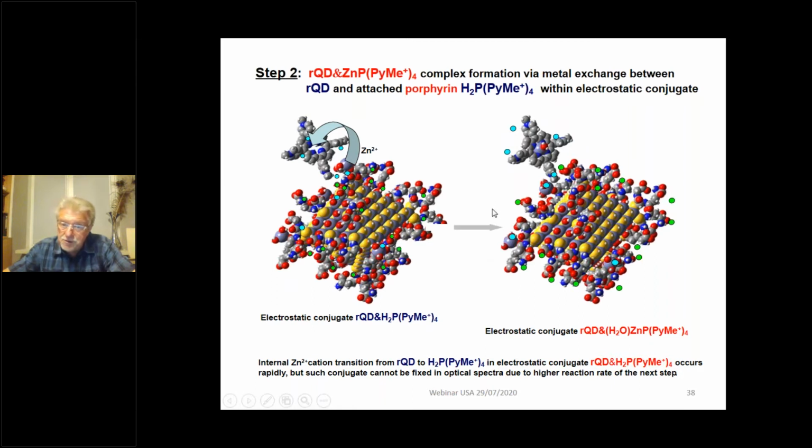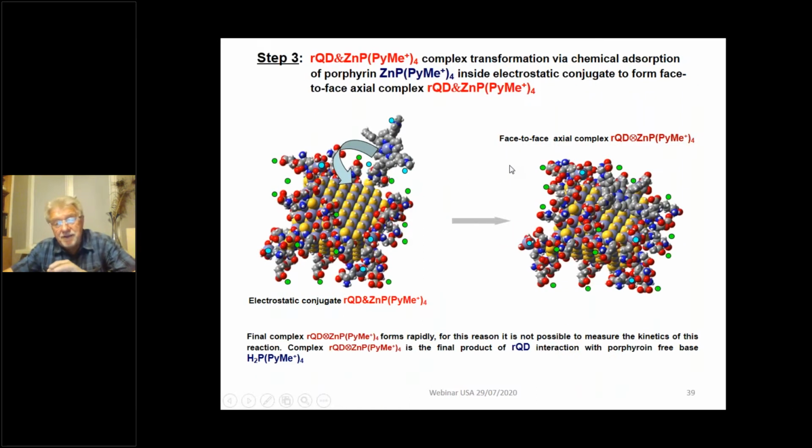So we have such an electrostatic conjugate containing zinc porphyrin. And the next step is the displacement of this zinc porphyrin into a specific facet of the quantum dots, which reflects the additional extra ligation effect of zinc atoms of porphyrin molecules.